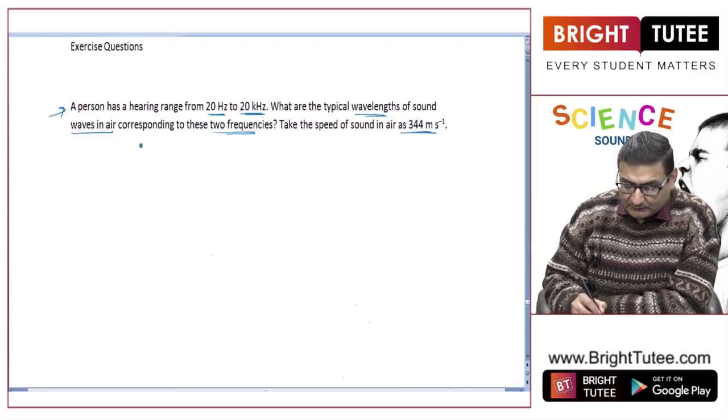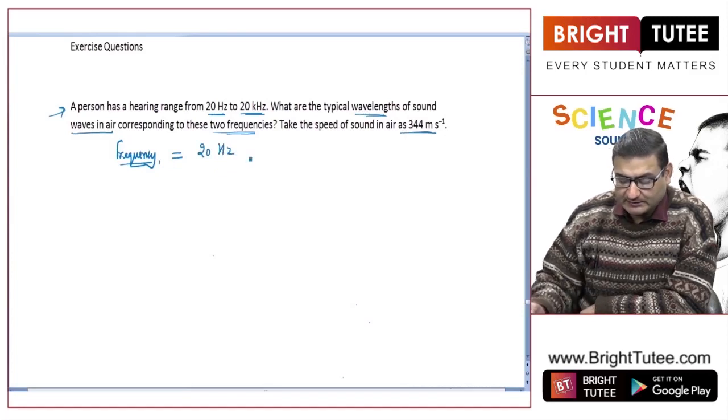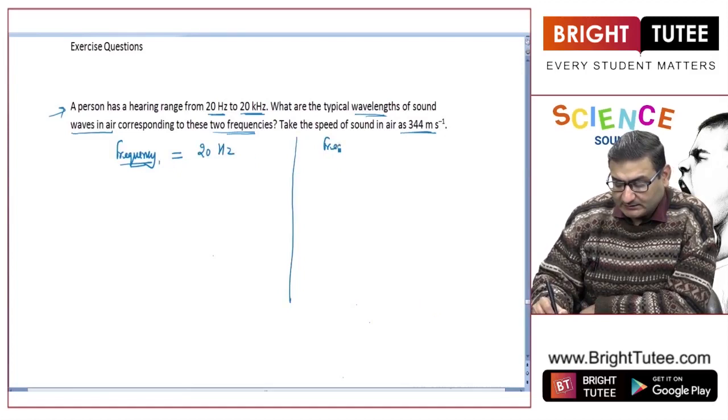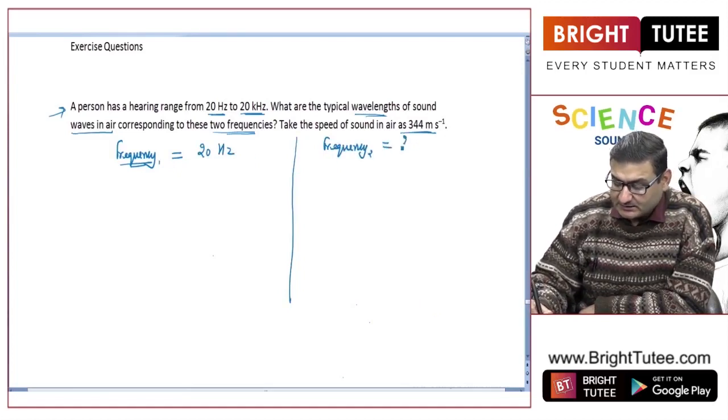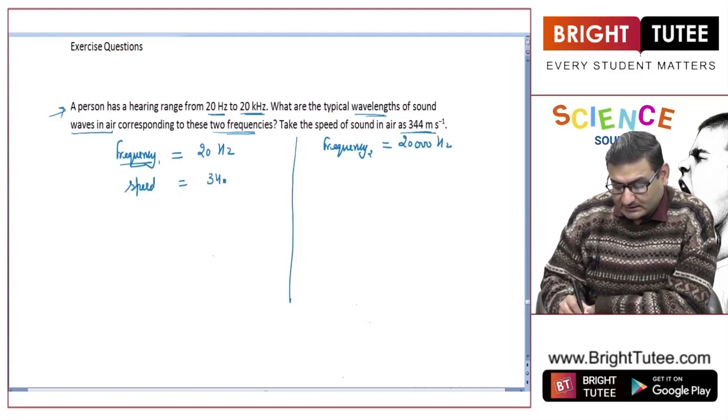So now we have been given the frequency range of humans. The frequency in the first case is the lower end, that is 20 Hertz, and the frequency in the upper end is 20,000 Hertz. The speed of sound given to us is 344 meter per second.